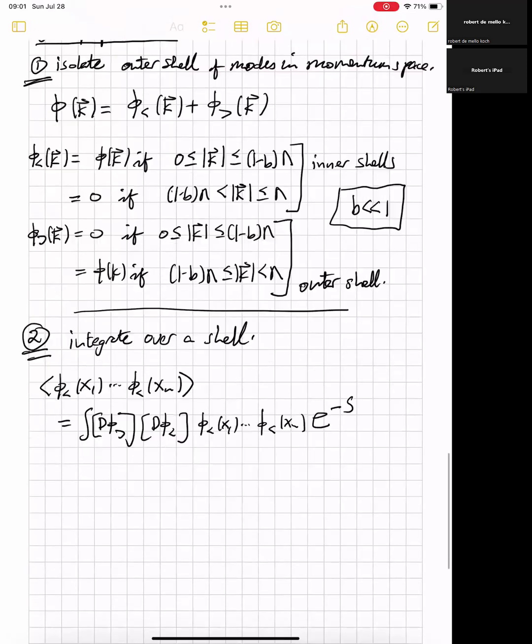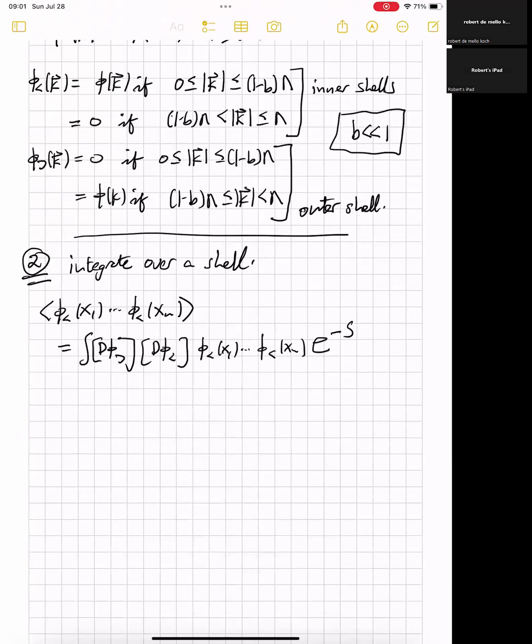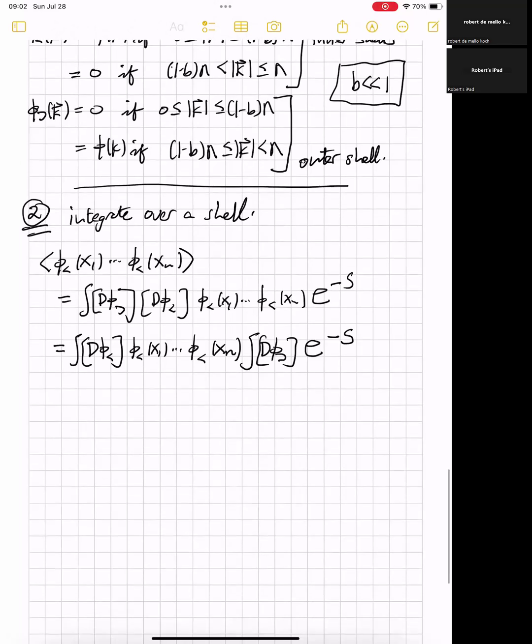Now we want to do the integral over the phi greater than. Let's put the d phi less than here. That's the integral we're not going to bother doing. The phi less than modes don't depend on phi greater than at all. Then we'll have the integral over d phi greater than of e to the minus S. That's the only thing that we have to integrate over phi greater than.